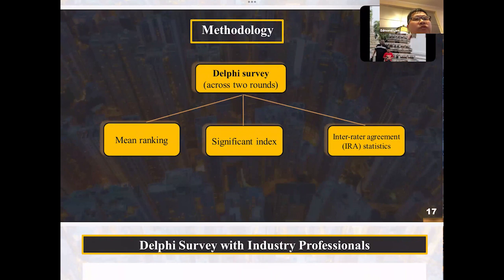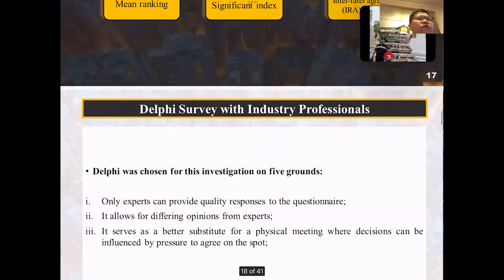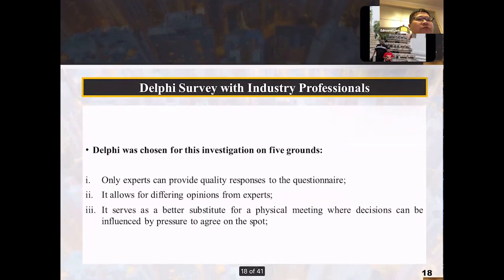The Delphi survey is to be conducted across 2 rounds, and then we make use of mean ranking, significance index, and IRA statistics to analyze the results. With the use of Delphi survey with industry professionals, this technique was chosen on the following grounds. Only experts can provide quality responses to our questionnaire.